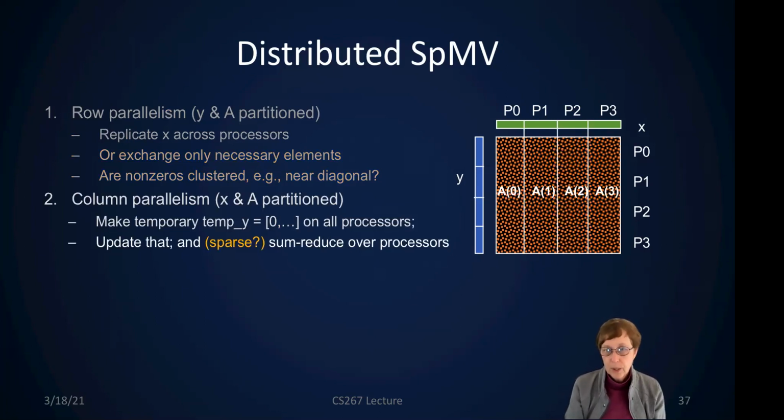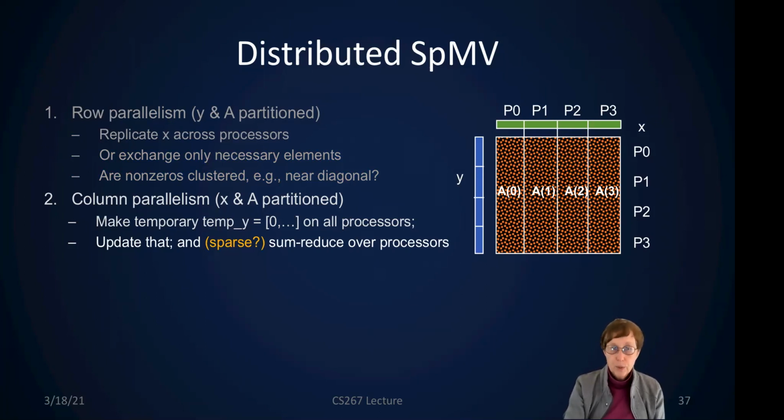So we can also use a similar kind of column algorithm in which we're doing basically sparse matrix vector multiplies locally with data that we entirely own, but then we still need to do a reduction across all the processors to compute Y. So we have a temporary value of Y on each one of the processors, and we add them together in order to get this other Y, and maybe we need to partition it if we're going to use it then for the next iteration of X in some form.